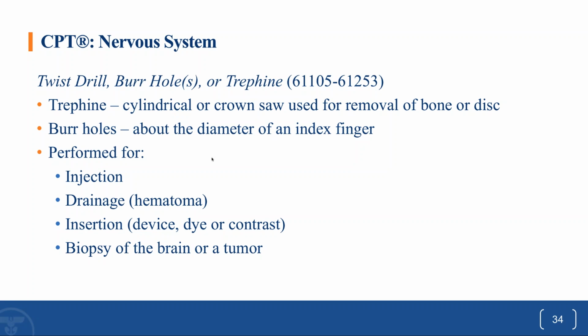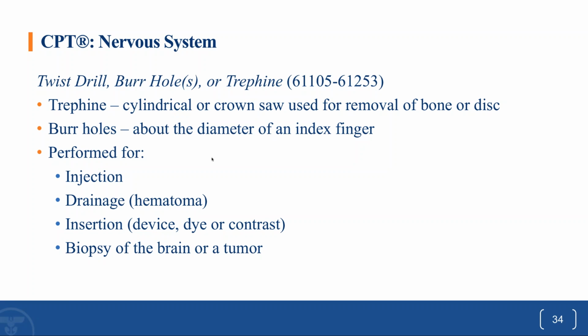So like in CPT code 61107, you can highlight drill hole, and then also highlight where it says implanting ventricular catheter. So you know that's for the very minute, small devices, like I said, a catheter or a lead. The burr hole is going to be to release swelling, or so that the brain doesn't explode through the skull. It's for like a hematoma.